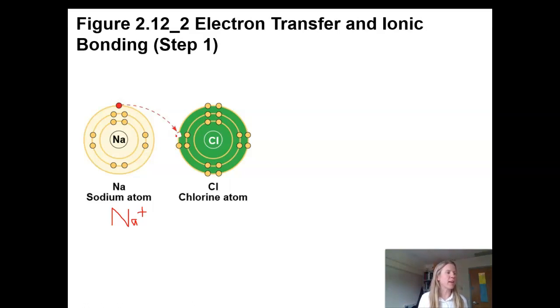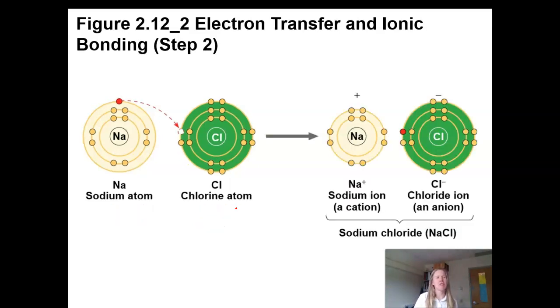And so sure enough, that electron moves over here, making an ion, Cl-, right? The book did that for you. There you go. Look at that. Cl- and Na+. But now you have a positive ion. This is called a cation.